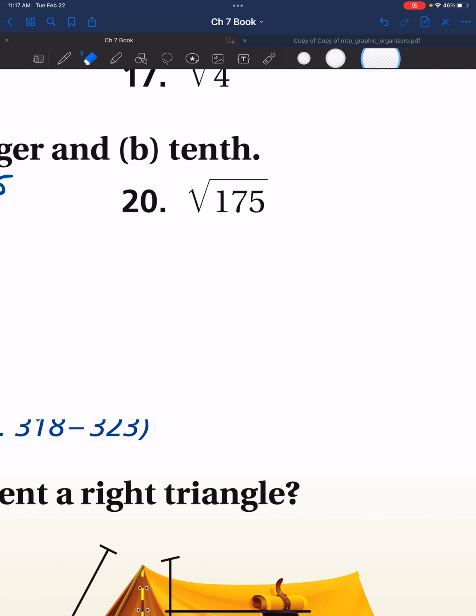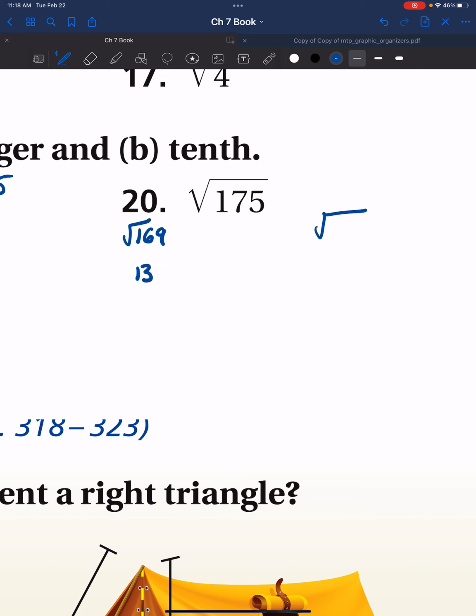I want to find the approximate square root of 175. So remember, you put the next perfect squares above and below. What was the 169? Wasn't that 13 squared? I think so. Okay, so I'm going to say the one below is going to be 169, and I know that's 13 squared.